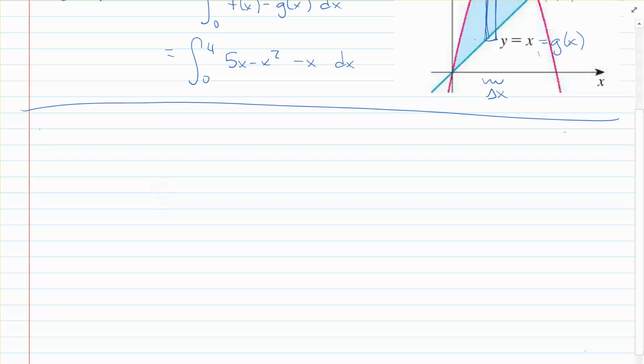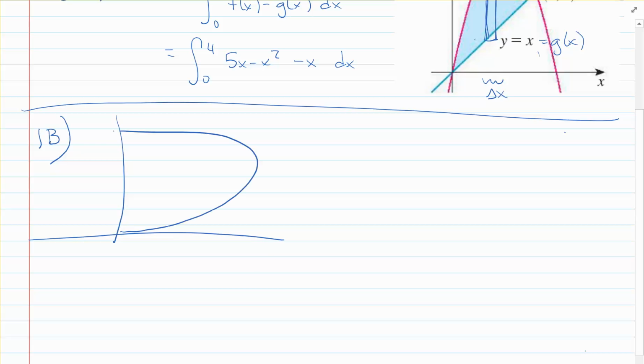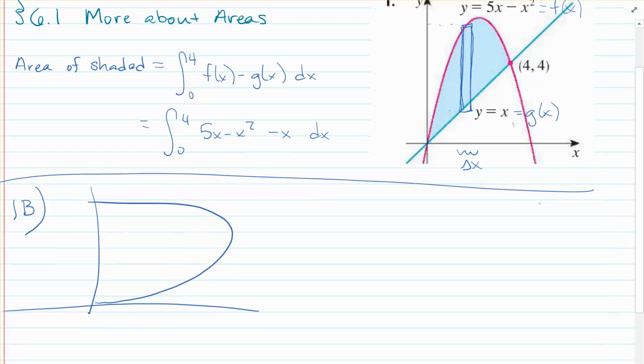So let's call this problem 1b, where the functions are almost the same. Instead of y equals f of x, now I'm going to do x equals f of y. So this is 5y minus y squared.